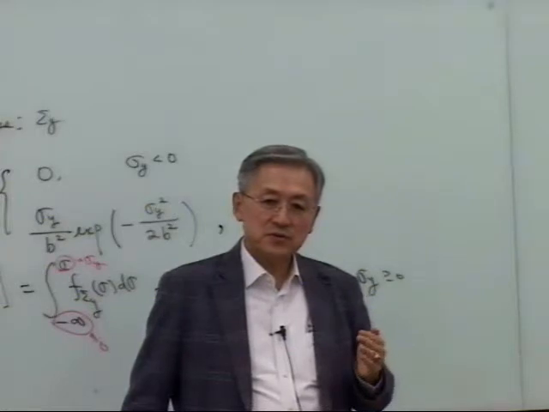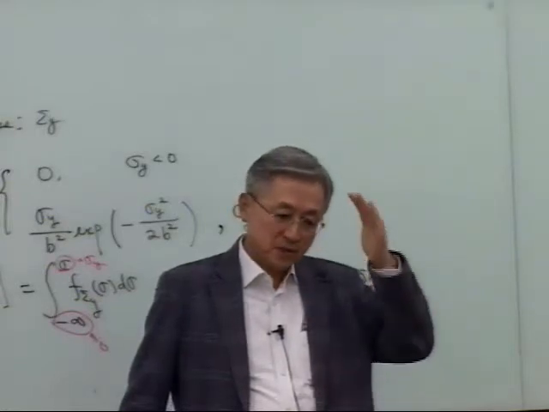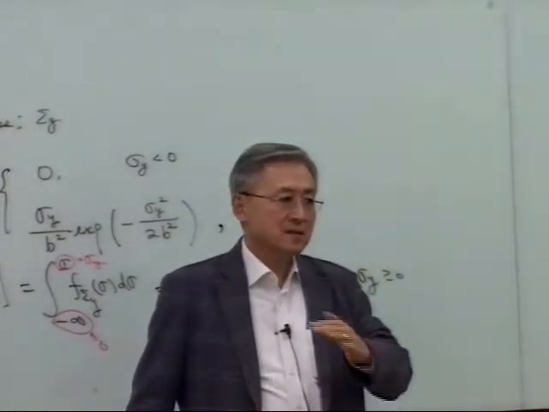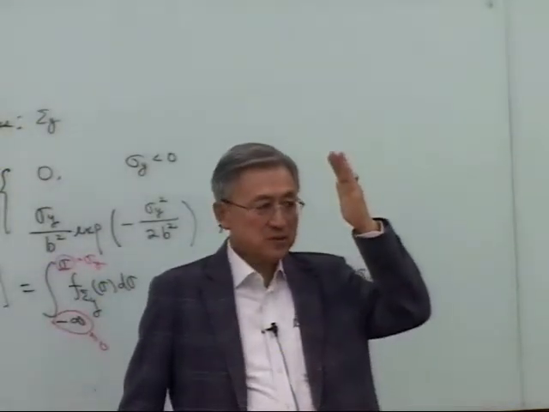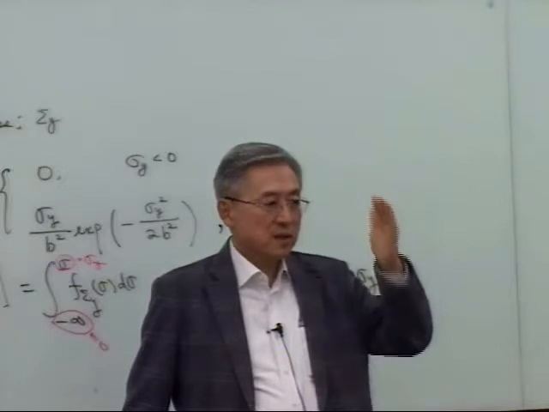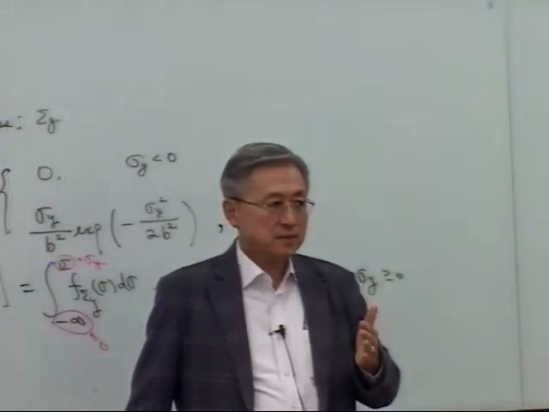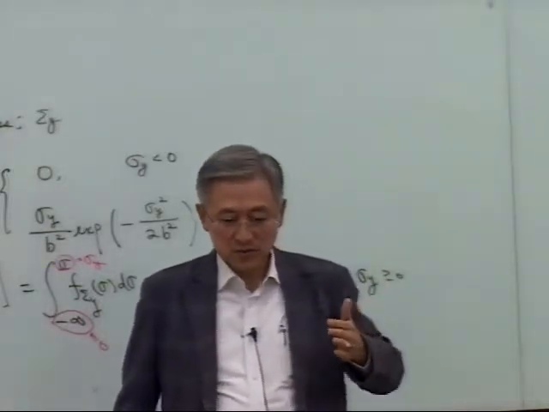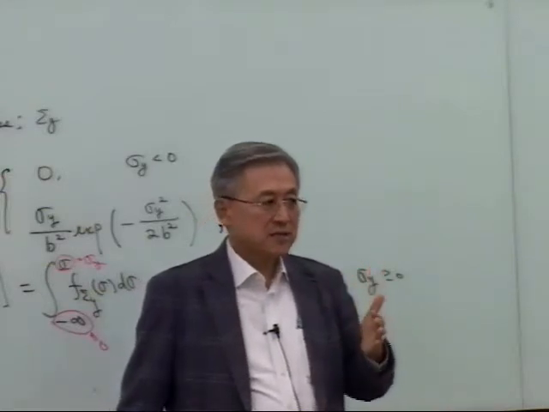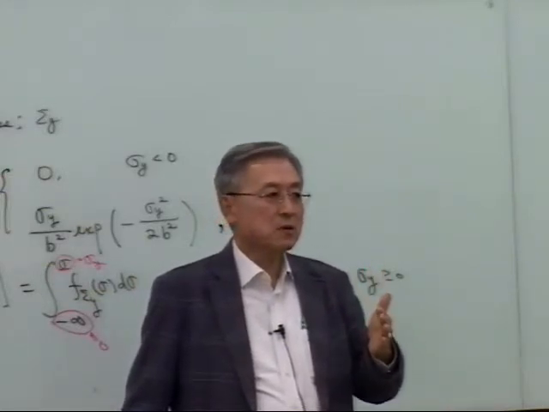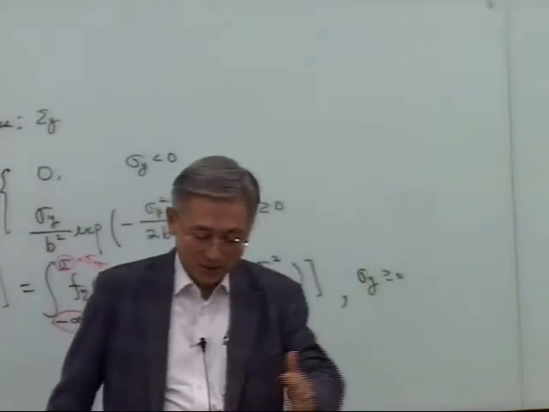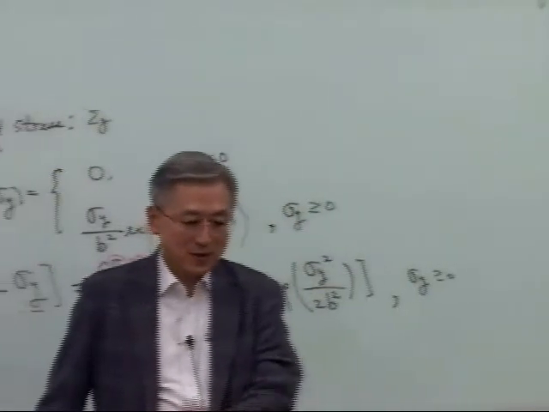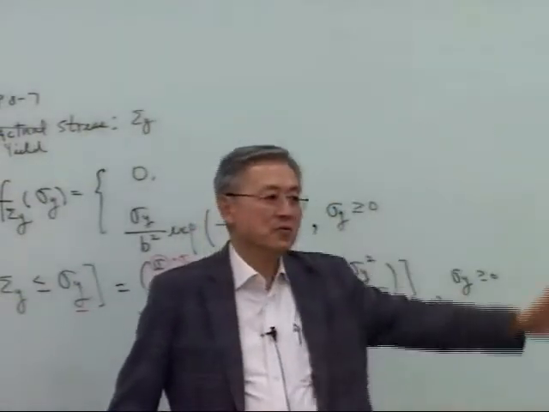The G function is the plane which cuts the probability density function based on the P and R. And the G function has to be less than or equal to 0, which is the very low end of the whole volume.